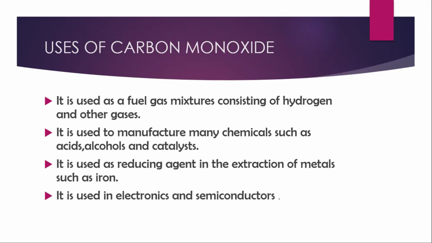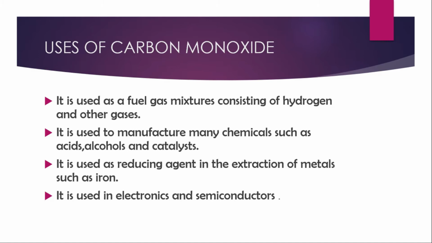Now, talking about the uses of carbon monoxide, it is used as a fuel gas mixture with other gases like hydrogen. It's used for the manufacture of many chemicals which are used in the laboratory. It has a very good property as a reducing agent, and mostly it is used in the extraction of metals like iron.